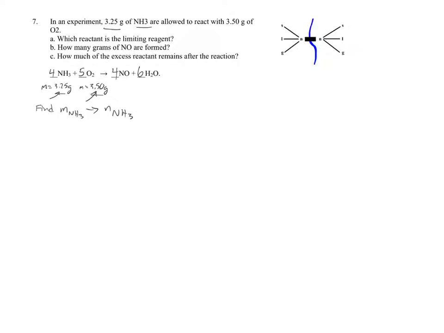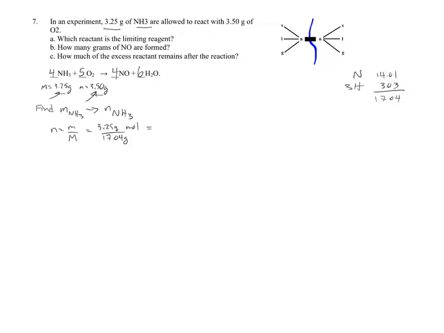My formula: moles is equal to mass over molar mass. The mass is 3.25 grams. The molar mass of ammonia: 1 nitrogen is 14.01, and 3 hydrogens are 1.01 each, so that's 3.03, so 17.04 grams per mole.